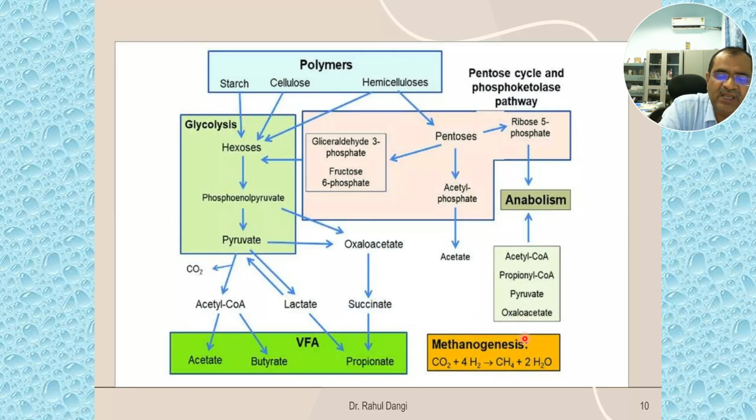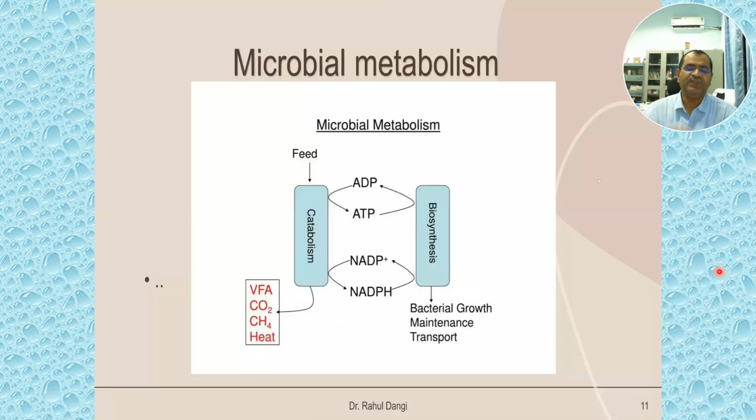Then ultimately, the end products of ruminant fermentation are an enormous quantity of acetate, butyrate, and propionate, the volatile fatty acids, called VFAs. Whereas methanogenesis occurs with the combination of carbon dioxide with hydrogen, and then methane and water molecules are produced.